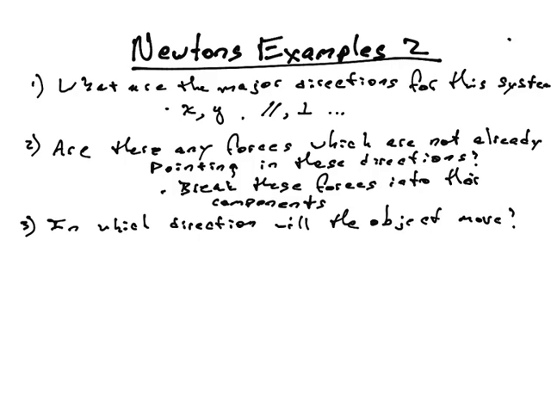So, take the horizontal table with the object having forces pushing in the X and Y directions and all of that. Which way will the object move? Well, if it's a horizontal table, obviously the object has to move in the X direction. It's not going to move up and down through the table. It has to move horizontally. If we're on a ramp, then no matter what the forces are doing, the object has to slide in the direction parallel to the surface.